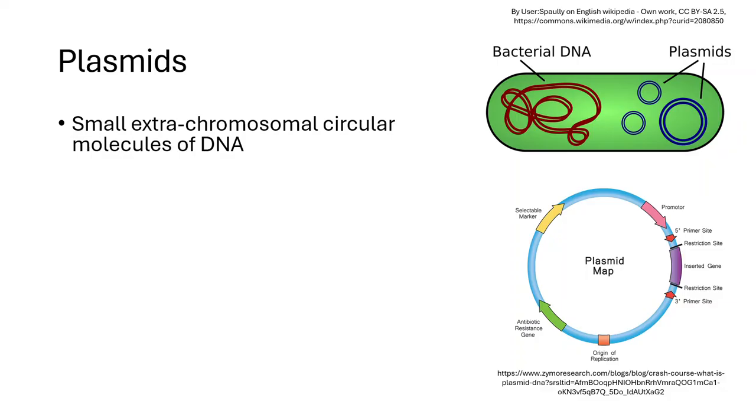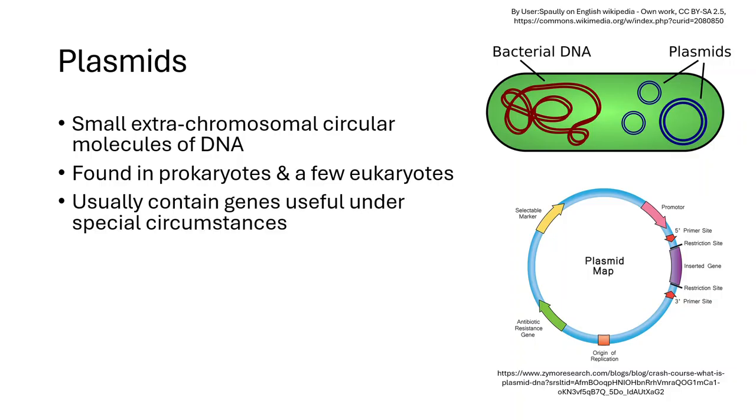So let's also talk about another type of DNA that can be found in cells. In a lot of prokaryotes and a few eukaryotes, you can have these extra bits of DNA. They're circular molecules of DNA called plasmids, and they are outside of the normal chromosome. They're not usually going to contain the genes that are absolutely necessary for the organism to stay alive. Instead, they're going to have some genes that are useful under certain circumstances.